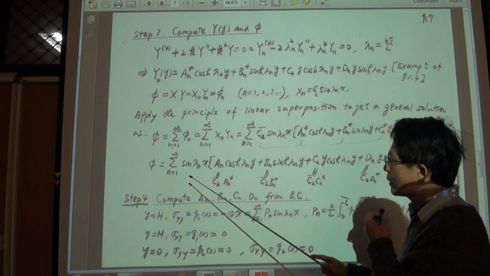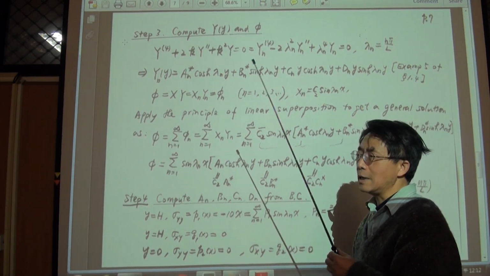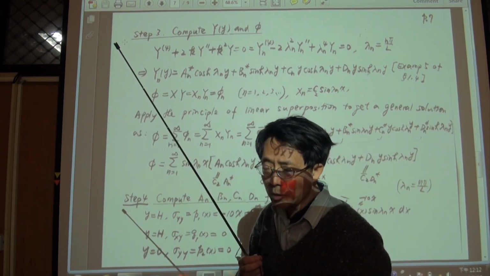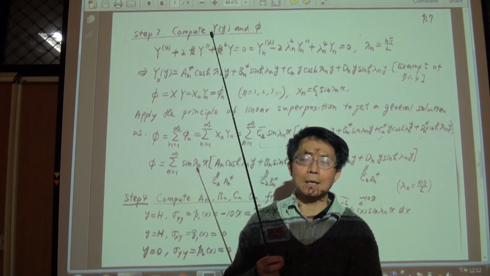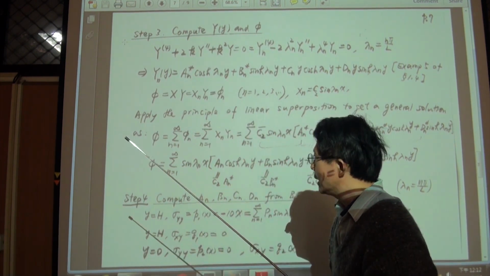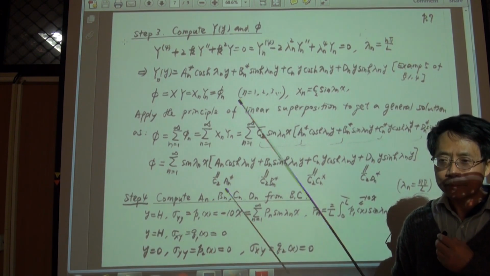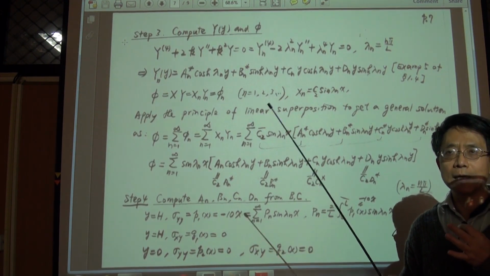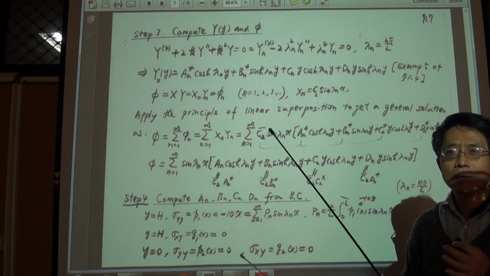So actually we can get phi. Okay, so this is a concrete example to show you how to compute a solution by using the Fourier series technique. Here phi is a Fourier series. How can this Fourier series be obtained?